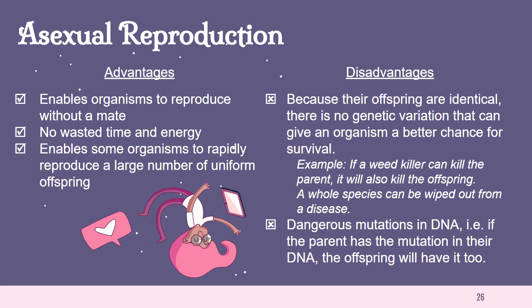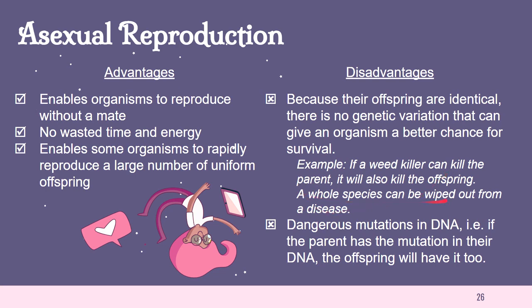Okay, so the example here, if a weed killer can kill the parent, it will also kill the offspring. So for example, a weed is growing. A weed killer can kill the parent weed. It can also kill its offspring.